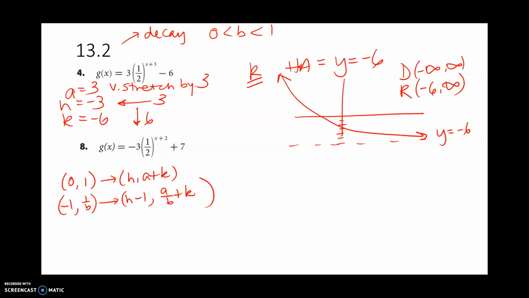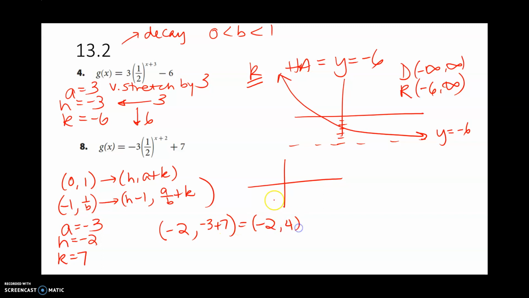All right. So A equals -3, H equals -2, K equals 7. So I'm going to figure out the reference point. So the first reference point is H, A plus K. So the first reference point is -2, 4.